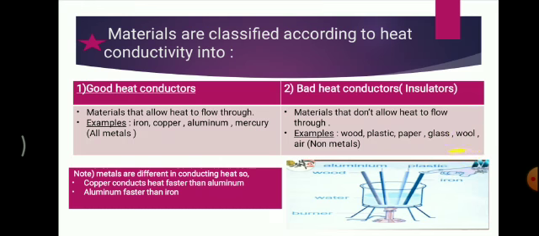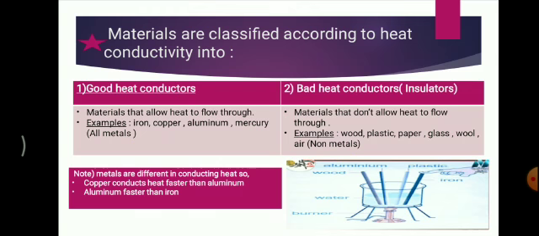And also air. Air is a bad conductor of heat. So we can say all non-metals are bad conductors of heat. If you remember, in primary 4 we have two types of elements, metals and non-metals. All metals are good conductors of heat, but all non-metals are bad conductors of heat.